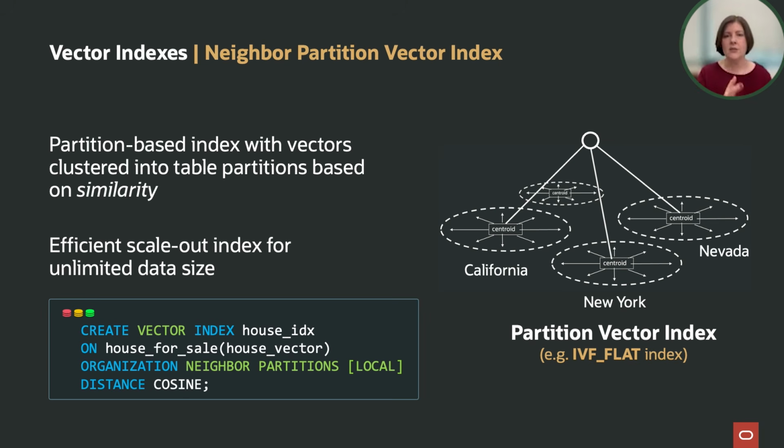We call that the centroid. And when your query comes in, we'll compare your query vector to all of those centroids, looking for the closest top n matches for that. Once we find those closest matches, we're only going to search the partitions that they represent. So effectively eliminating any of the vectors that we know for sure are not going to be similar to your input vector, accelerating the performance by simply not having to do that comparison.